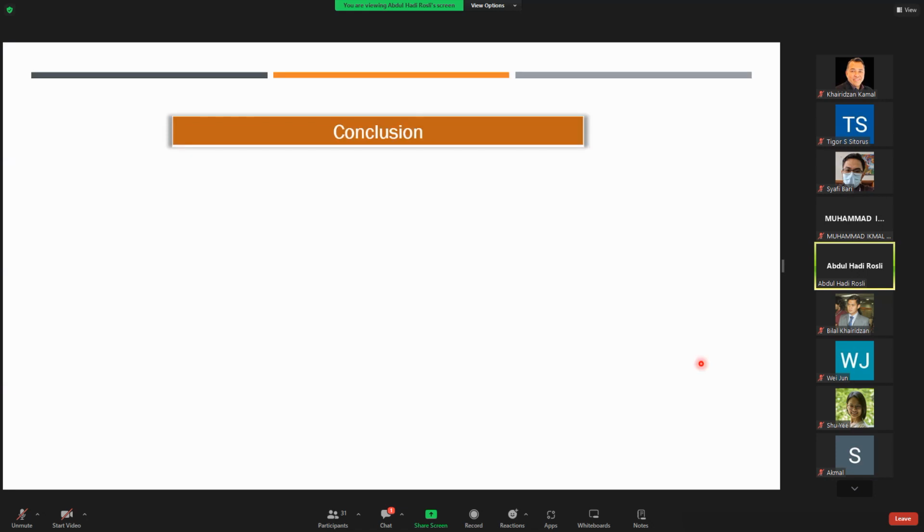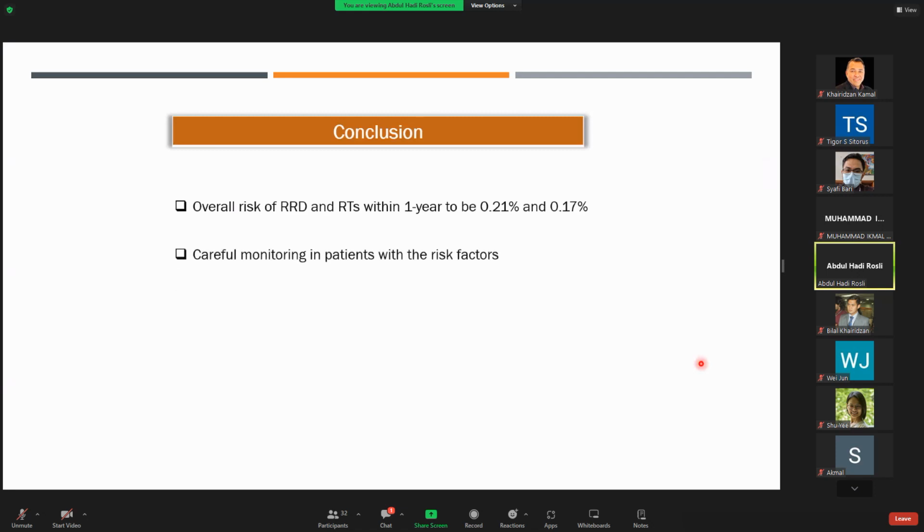All right. So as the conclusion, the overall risk of RRD and retinal tear within 1 year is about 0.1% and 0.17%. So from this analysis, what we can say is the patient with the risk factors.